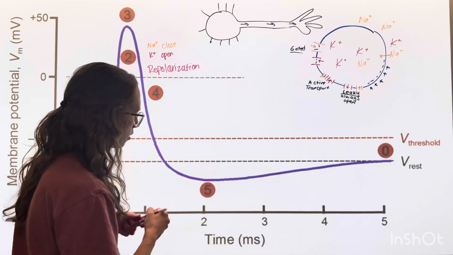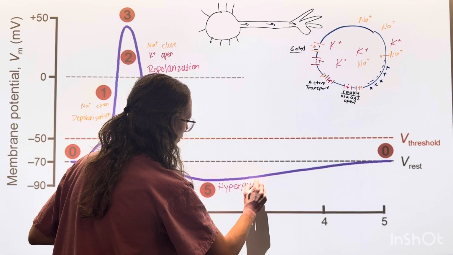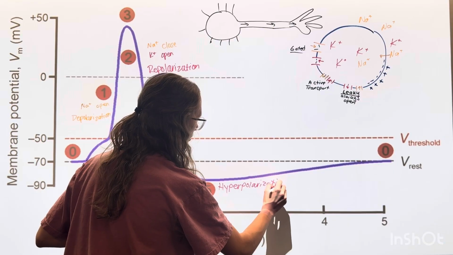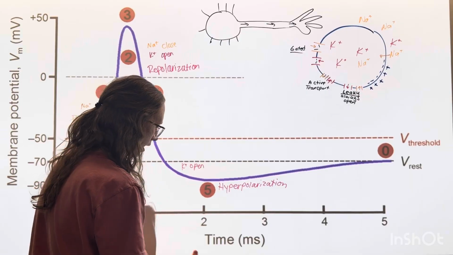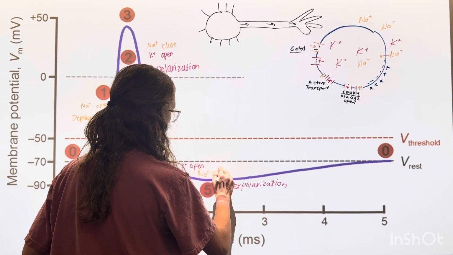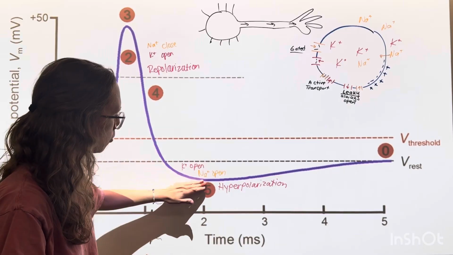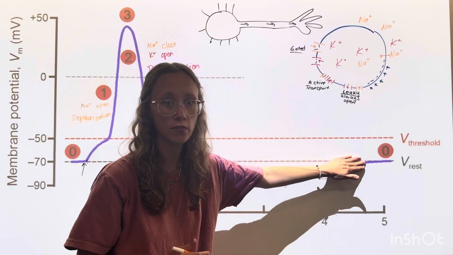This is hyperpolarization. And at this point, we have our potassium channels still open. However, sodium channels are still closed here, even though I'm about to write open. However, at about right here is when the potassium channels close, so they're both closed, going back to resting membrane potential.